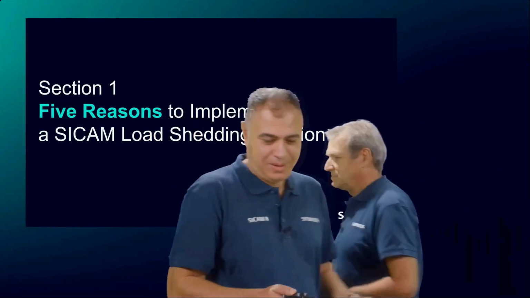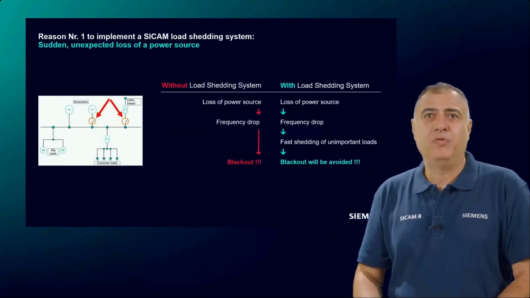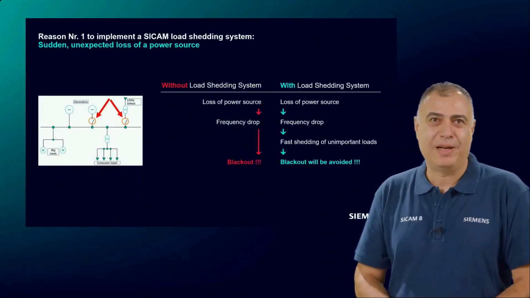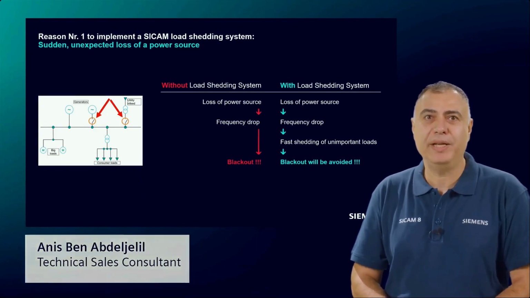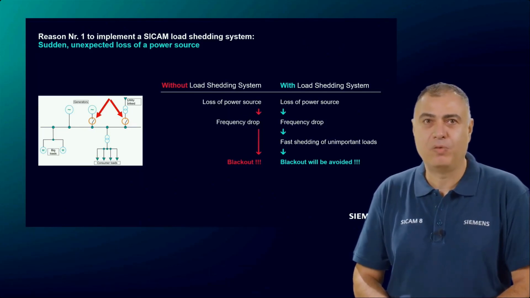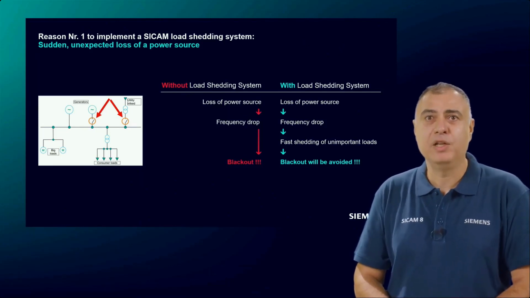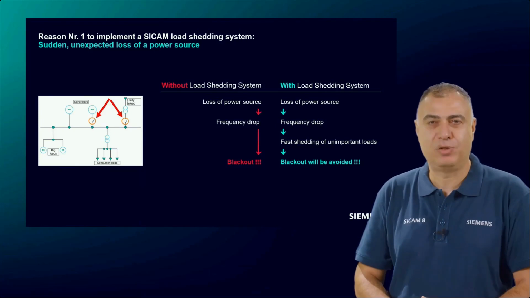So, thank you, Gerhard. Before we start with the first argument, please keep in mind that when we talk about load shedding, we should always be aware that the complete breakdown of an industrial plant due to a blackout usually costs much more than the acquisition of any load shedding system.